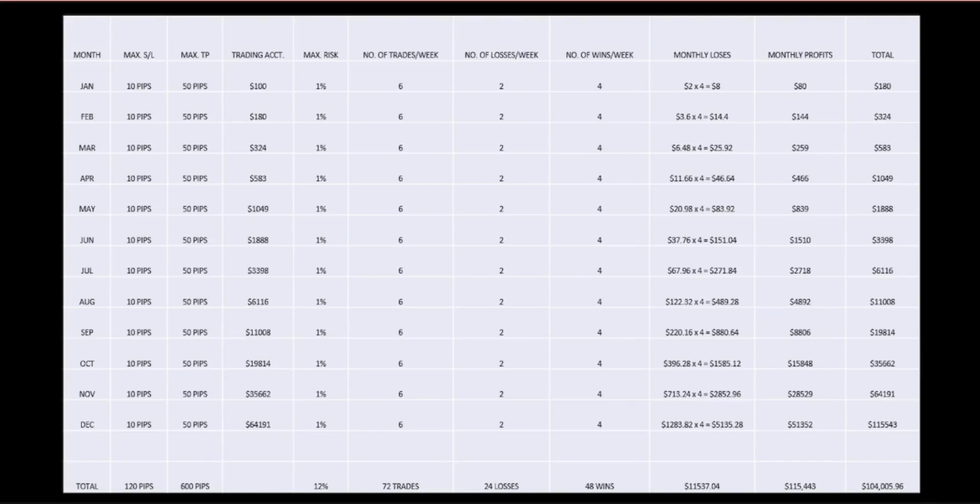Now, everything remains constant, and then in the month of August, we lose. The total loss we'll make in the month of August will be $489.28.